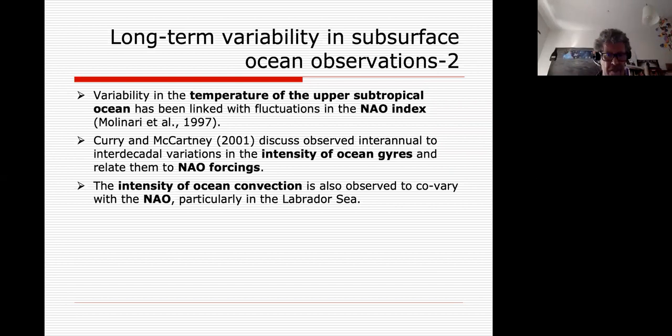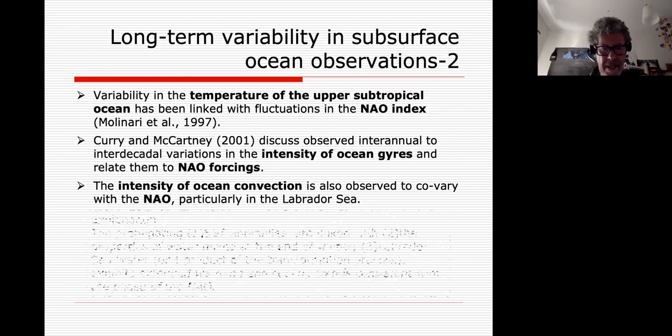So we have a series of dynamical processes that are related to the weather pattern and the climate pattern identified by the NAO index.